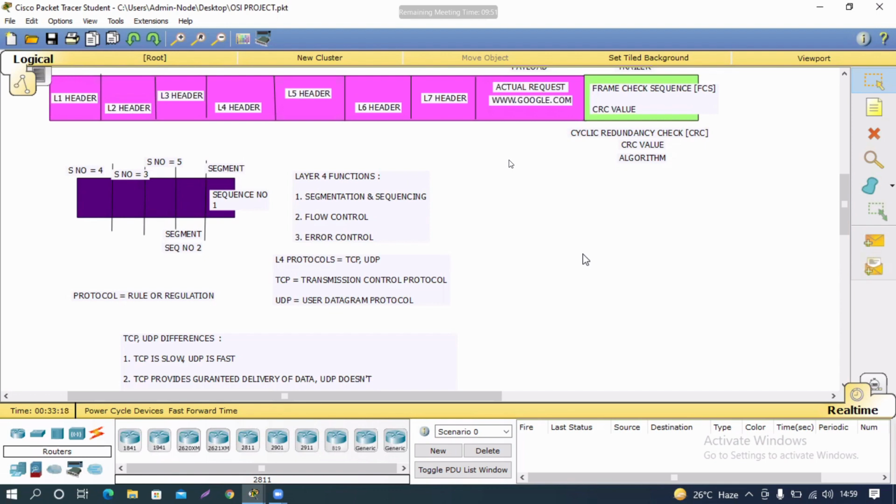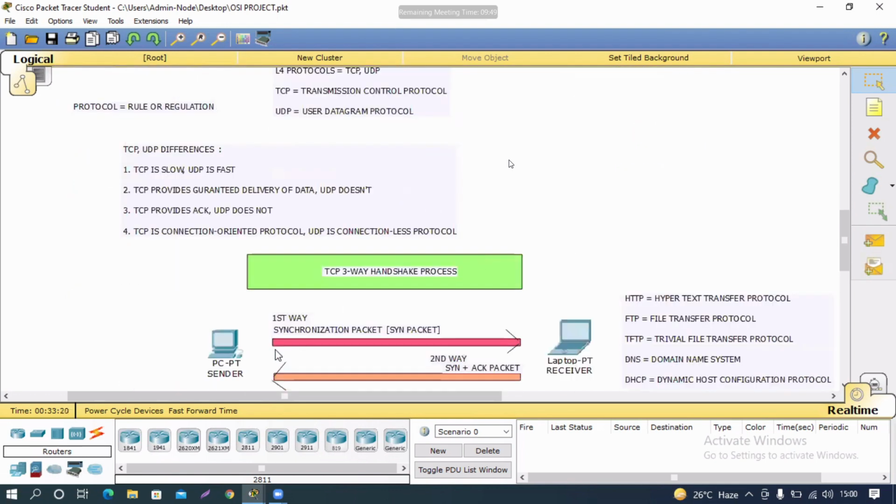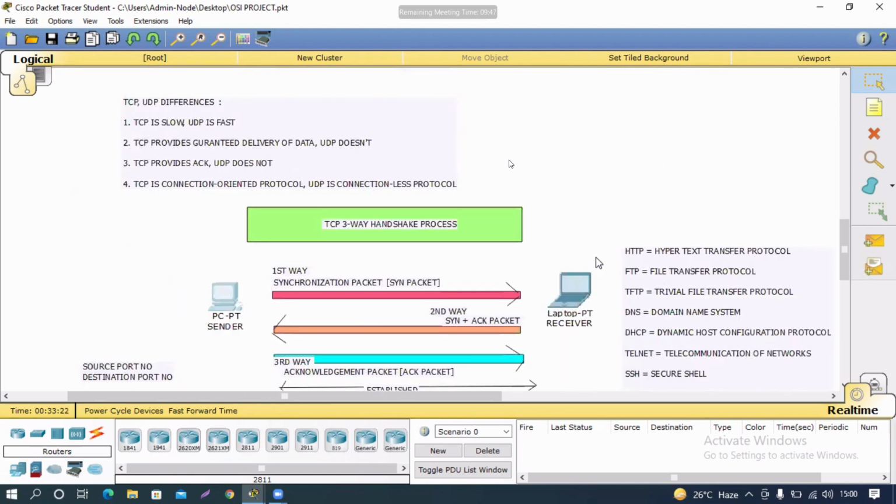Flow control is simply ensuring how much data this machine should be sending to this machine over a certain period of time. Whether it should send 1 GB in 1 second or 100 MB in 1 second to this machine. This is the data flow.